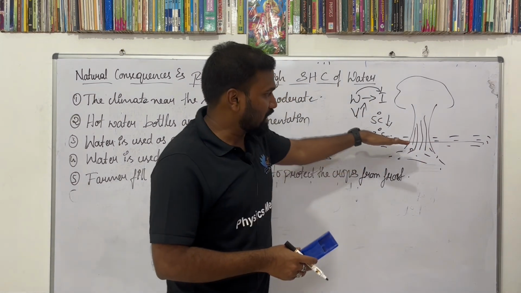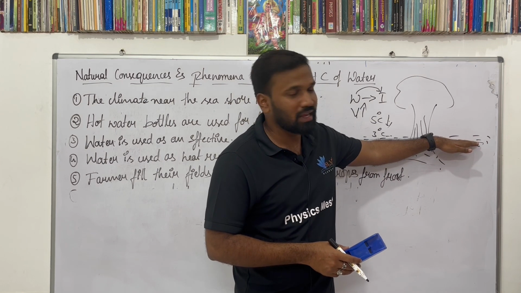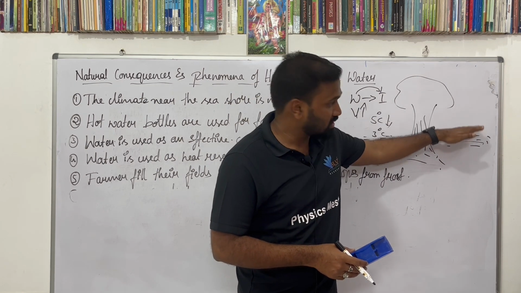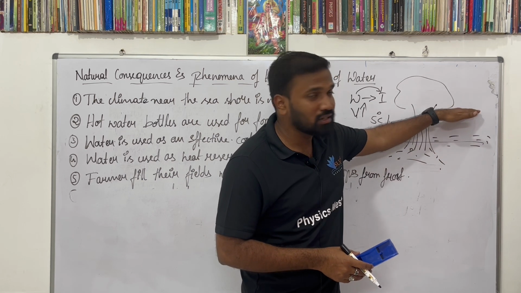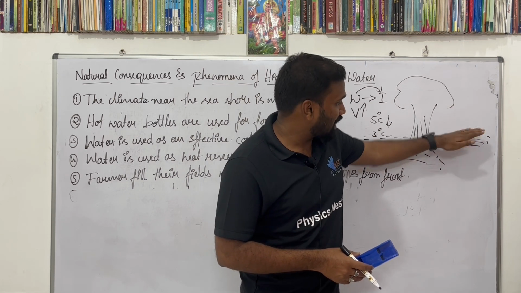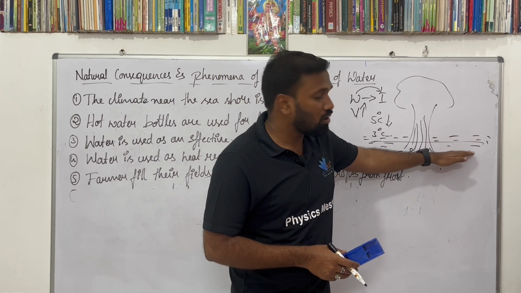store the water up to a certain level, so that this water, since it has high specific heat capacity, when the temperature decreases, transfers its heat to the atmospheric air. The lower temperature will not enter the ground.